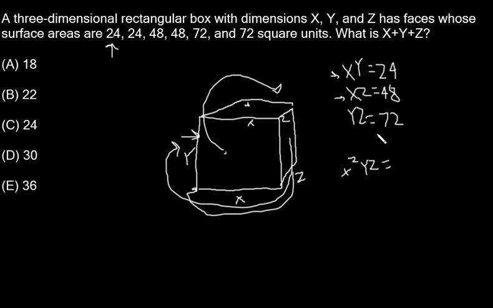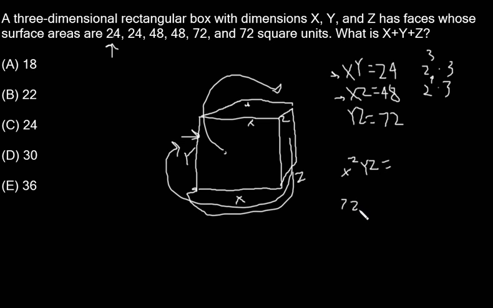That's a large number to compute, so let's break down 24 into its prime factors. 24 is 2 to the third power, which is 8, times 3, and 48 is 2 to the fourth power times 3. And we can replace yz with 72.